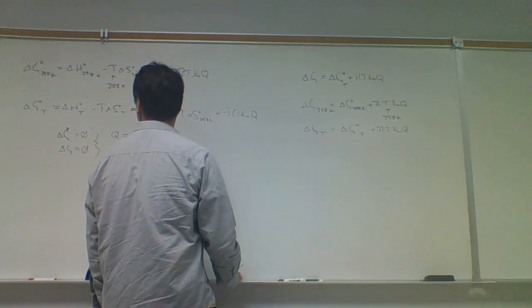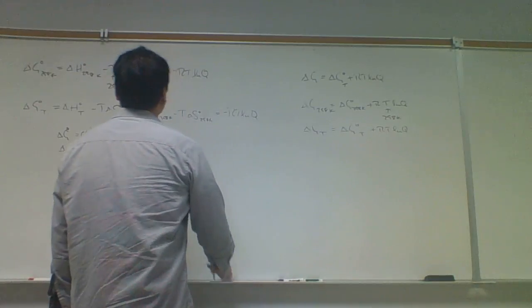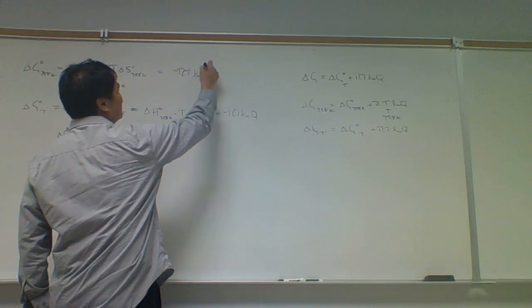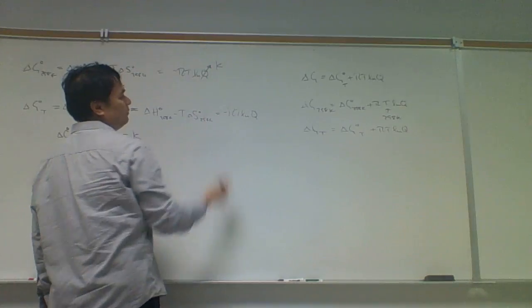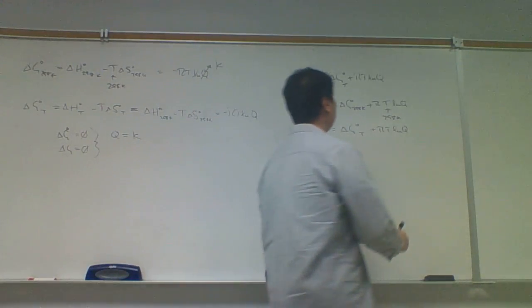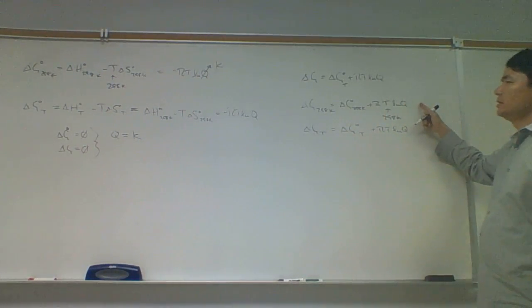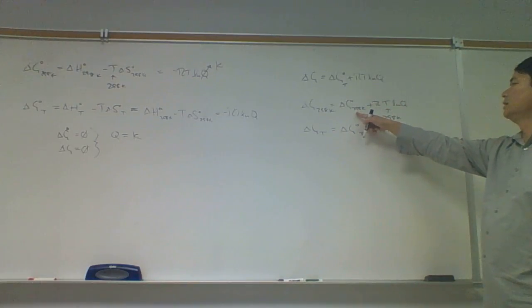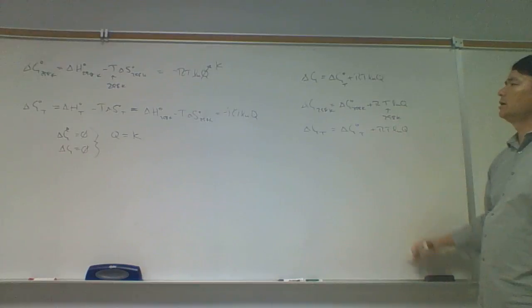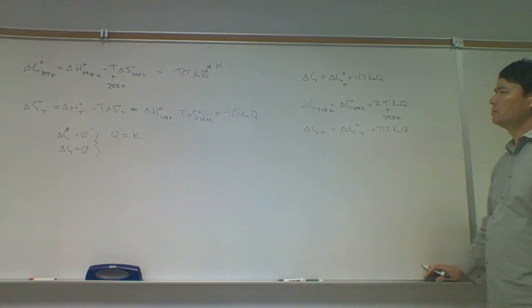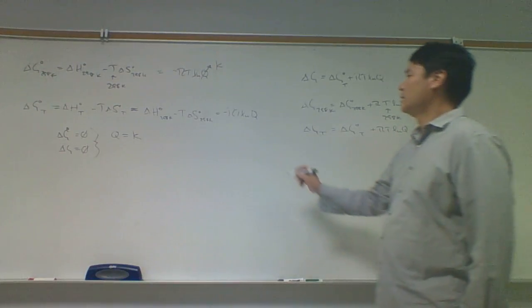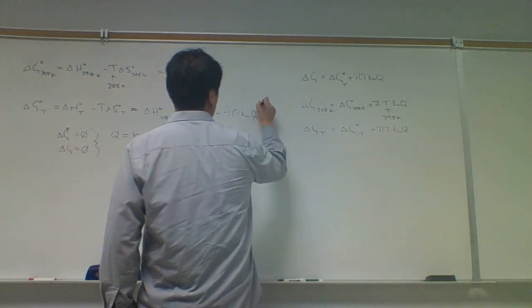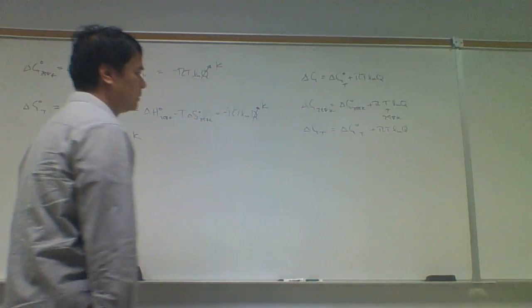Actually, it should make that delta G naught. When we do this, Q goes to K because here we substitute this equal to 0, and then Q goes to K, and then delta G naught at 298 is equal to minus RT ln K. And same thing here. Q is going to be K.